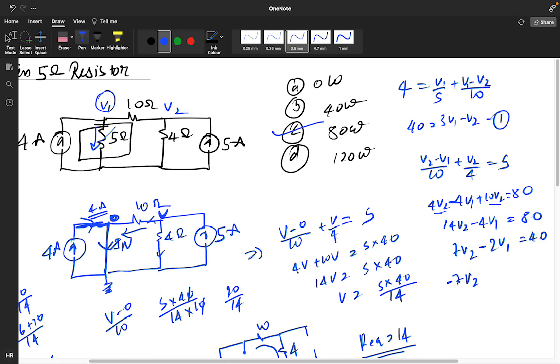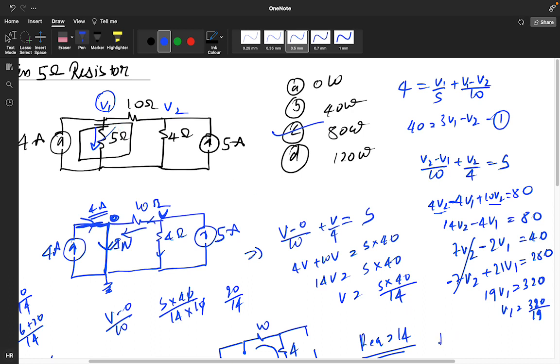If I am cancelling the V2 part, just multiply here: 7V2 plus 21V1, 280. So this will get cancelled out, we get 19V1 and 280 plus 320. So the V1 value you are getting is 320 by 19.